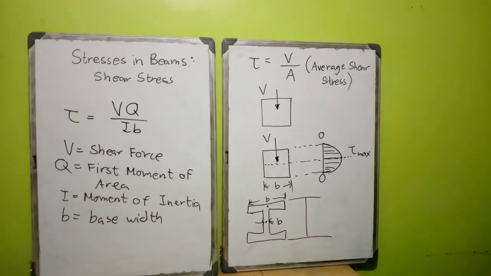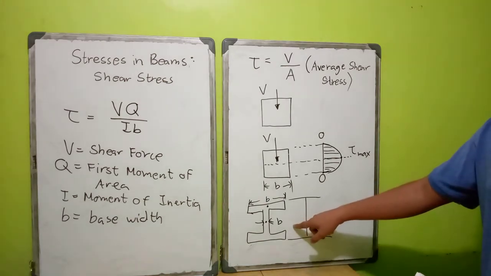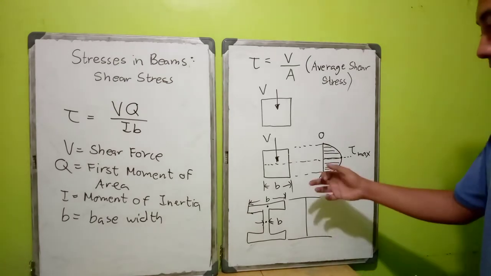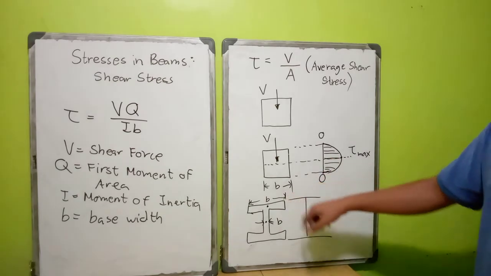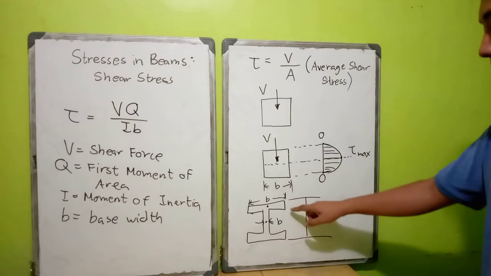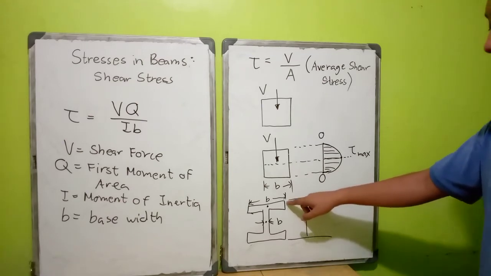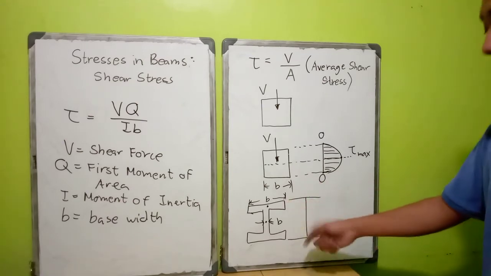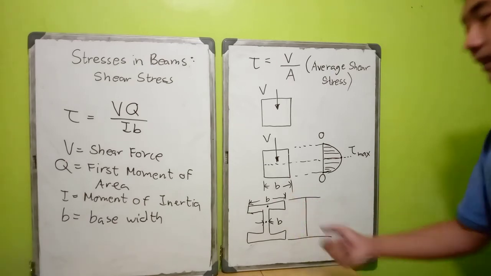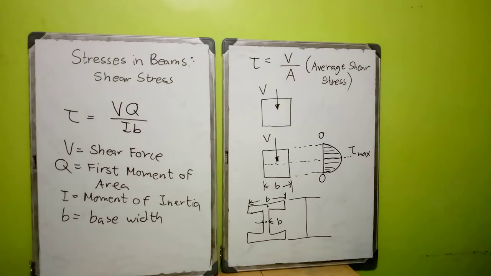So it depends. There are types of shapes in which the base of your cross-sectional area is not constant. There might be a portion of your cross-sectional area in which the b is wider, and a portion in which the b is relatively smaller.